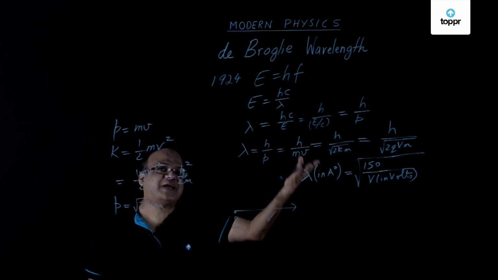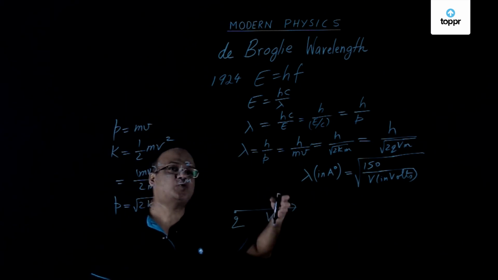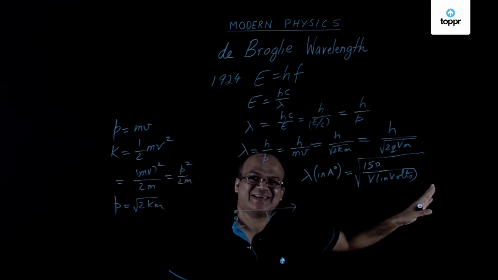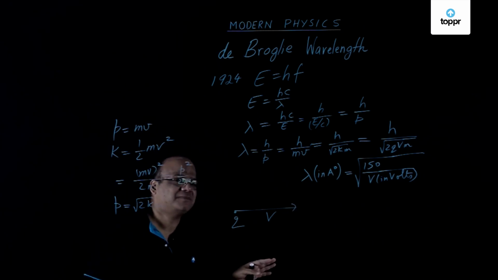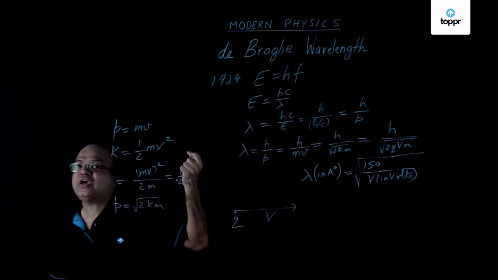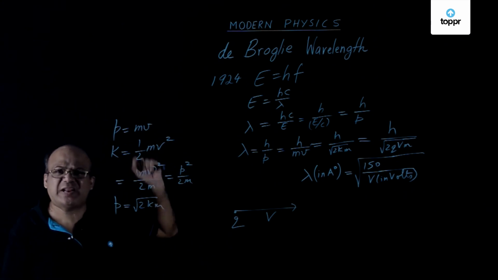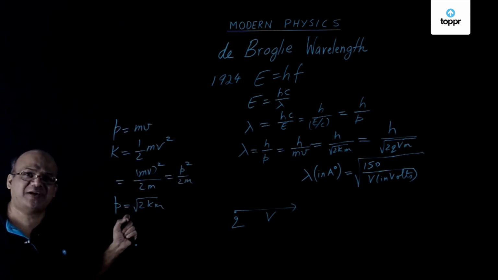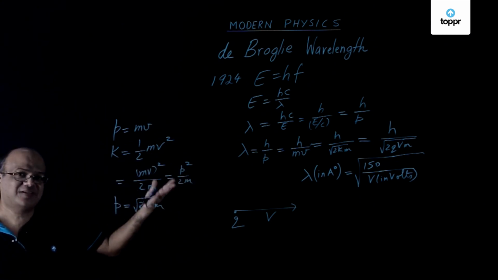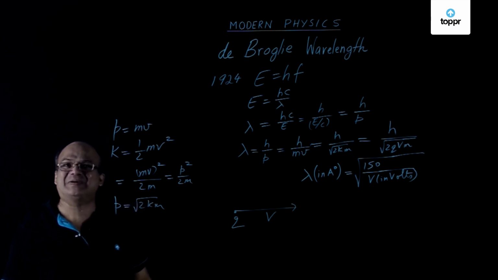That becomes h by mv for a material particle, and that is also equal to h by root 2Km, where K is kinetic energy, m is mass, and K is qV. So finally we get a formula h by root 2qVm. Now for an electron, the equation simplifies. We put all the constants. Lambda in angstrom is equal to root over 150 by V in volts. This is about de Broglie wavelength.